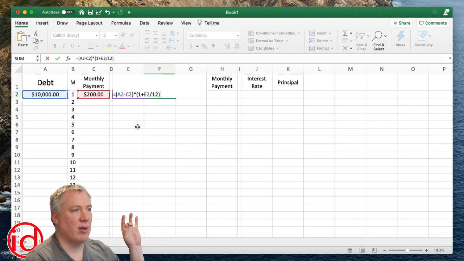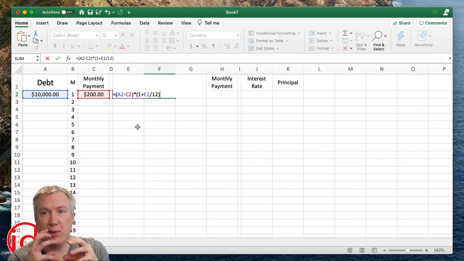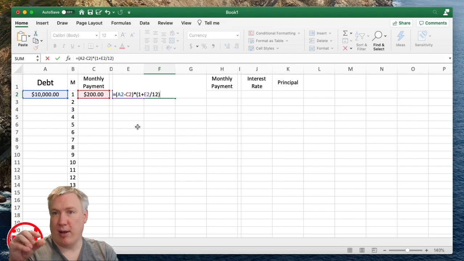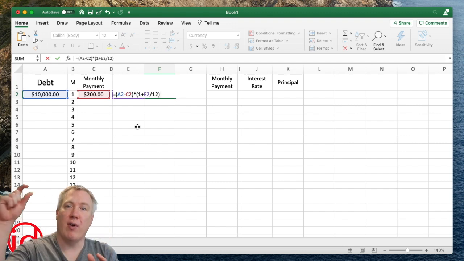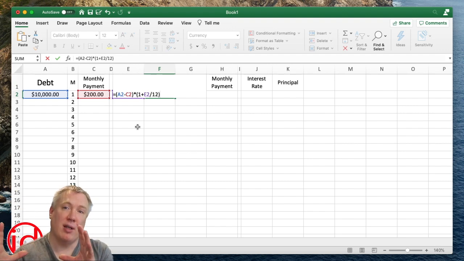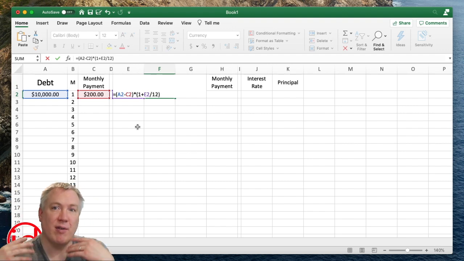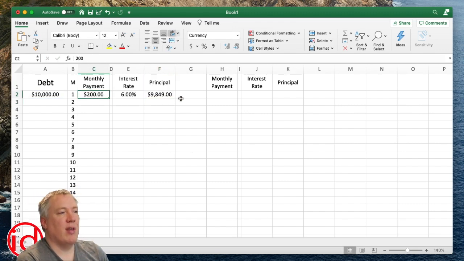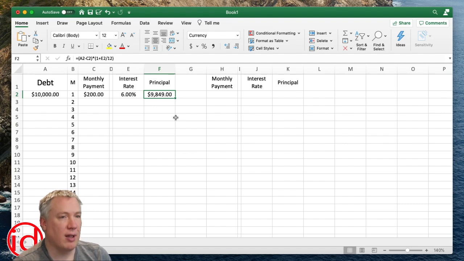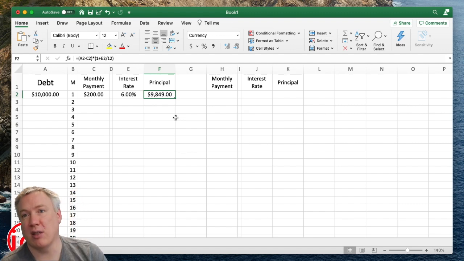In other words, we took the debt, subtracted the monthly payment, which gave us what was left, and then multiplied it by this number that has to do with the interest rate. It's 1 plus the rate divided by 12, because it is typically assessed every month, and there are 12 months in the year. So you'll see here, if I pay $200 off, at the end of that month I've actually only paid off $151. That's how much less I actually owe the bank.